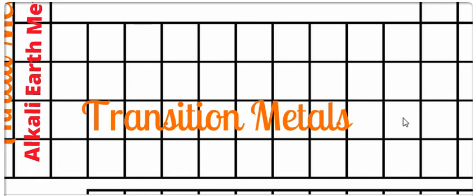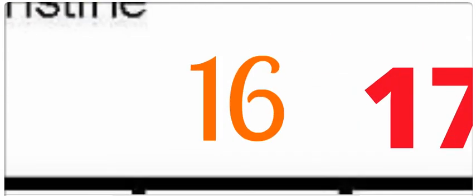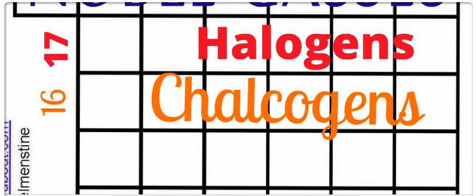The transition metals separate the metals from the nonmetals. So let's talk about some nonmetals. Group 16, or group 6A, are called the chalcogens. Chalcogens get their names from the fact that copper ore typically had oxygen or sulfur in them, because chalcogen means in Greek copper forming.